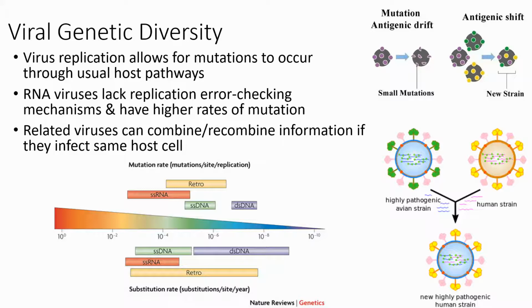If you have viruses that are related to each other, they have similar enough structures, and if they infect the same cell, they could actually combine forces to become a much worse virus. In fact, that's where avian flu or bird flu came from. It was a bird virus that mutated to the point where it could infect humans. Same thing with swine flu. So that's why you have to be really careful.